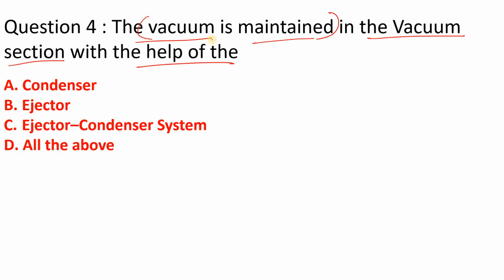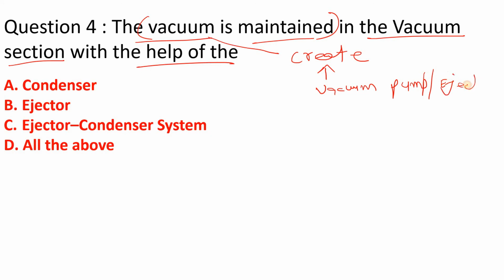Whenever we have to create the vacuum, we use a vacuum pump, or you can say an ejector. But here we have to maintain the vacuum, so we will use the ejector condenser system. So this will be your right answer, not condenser, not ejector.